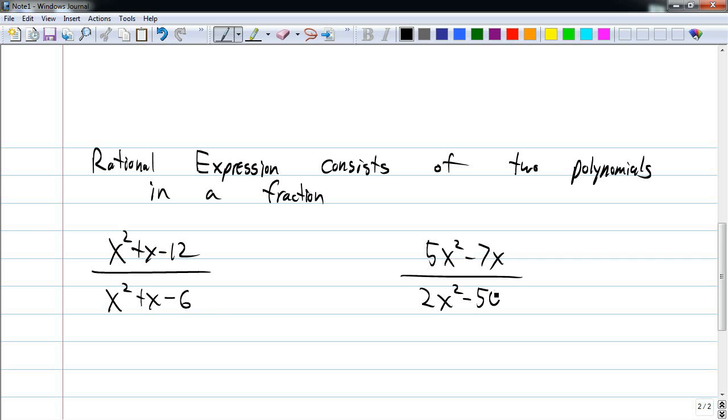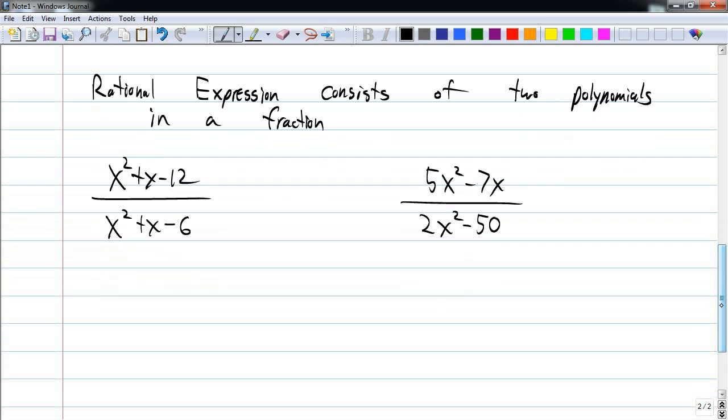A great tip, though, starting out today, is if you see a rational expression, factor the numerator and the denominator. Okay, whatever you see, factor it.